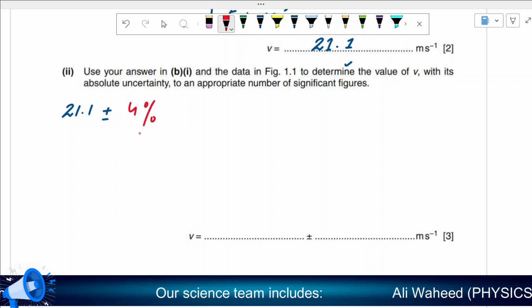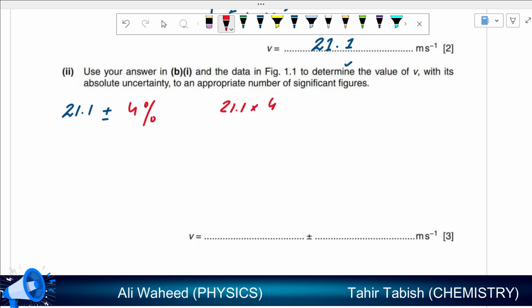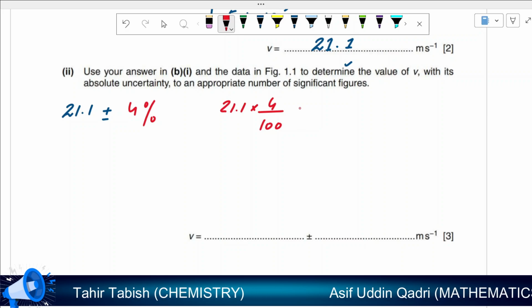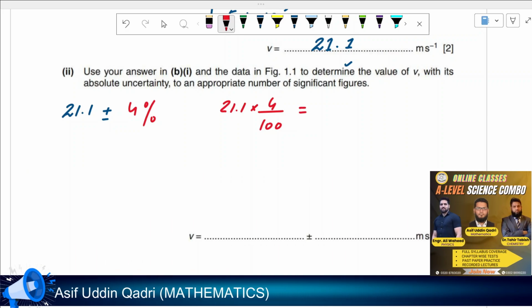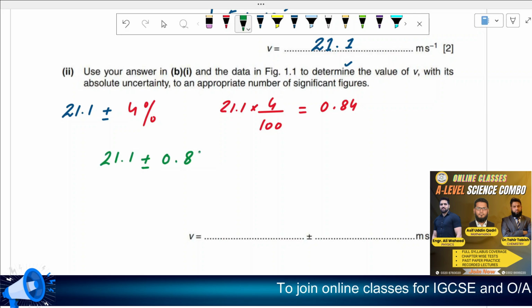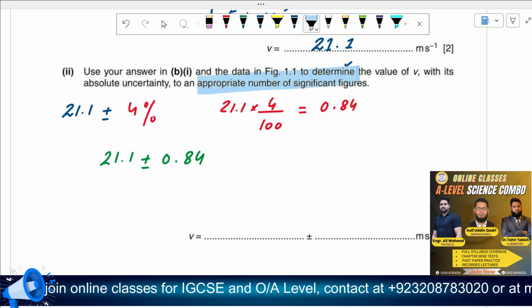Now let us find 4% of this principal value. So 21.1 multiplied by 4 divided by 100. What we get is 0.84. Now our answer is 21.1 plus minus 0.84. But the last part is: write your answer to an appropriate number of significant figures.